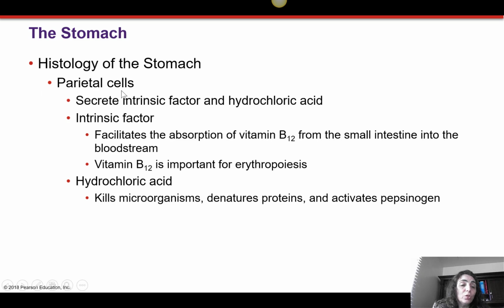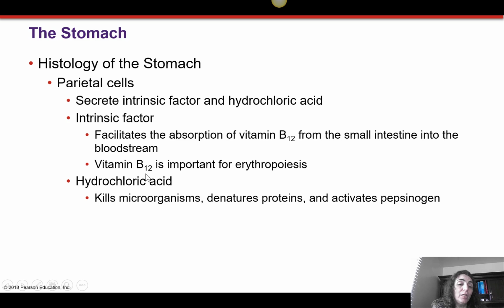And we have parietal cells. The parietal cells secrete two materials, intrinsic factor and hydrochloric acid. The intrinsic factor facilitates the absorption of vitamin B12 from the small intestine into the bloodstream.